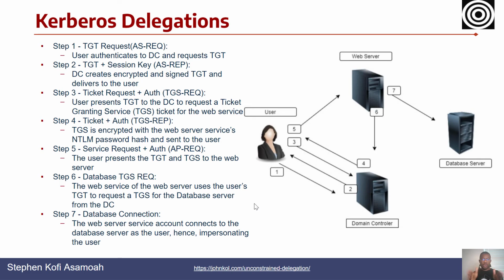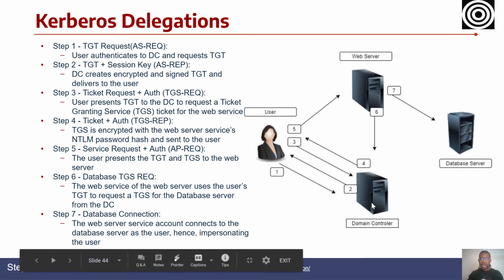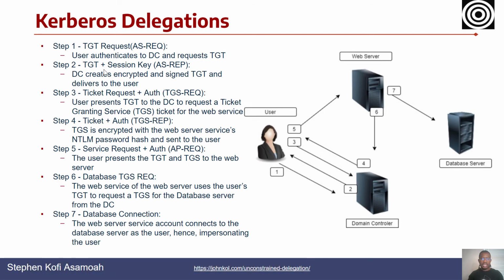So let's do a quick recap on the steps that go behind the scene for this particular attack to work. So the user authenticates with their credentials, the username and password, and then requests a TGT from the domain controller, which in this case here is running the KDC. The user gets back a TGT with a session key from the domain controller.